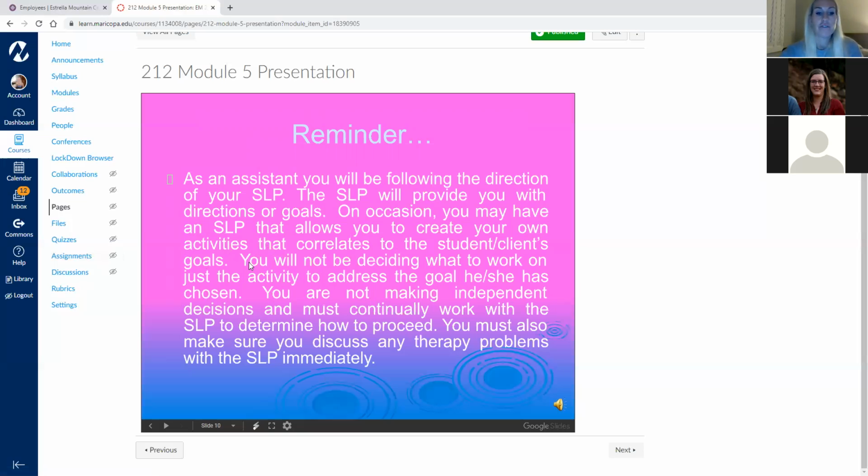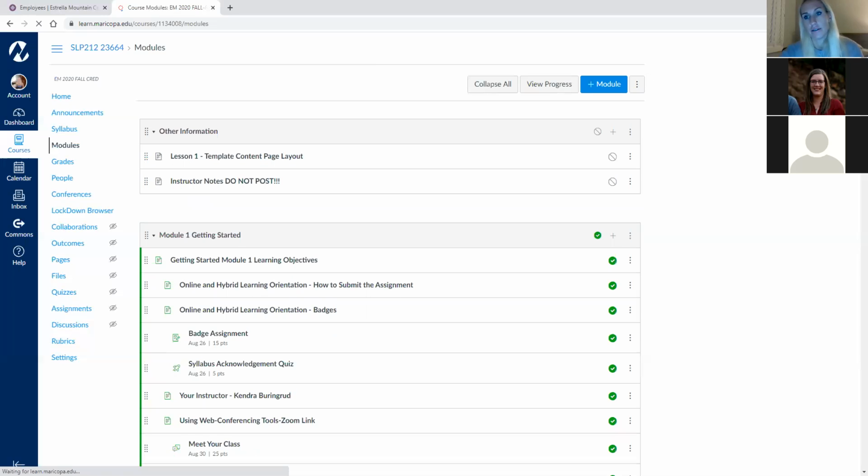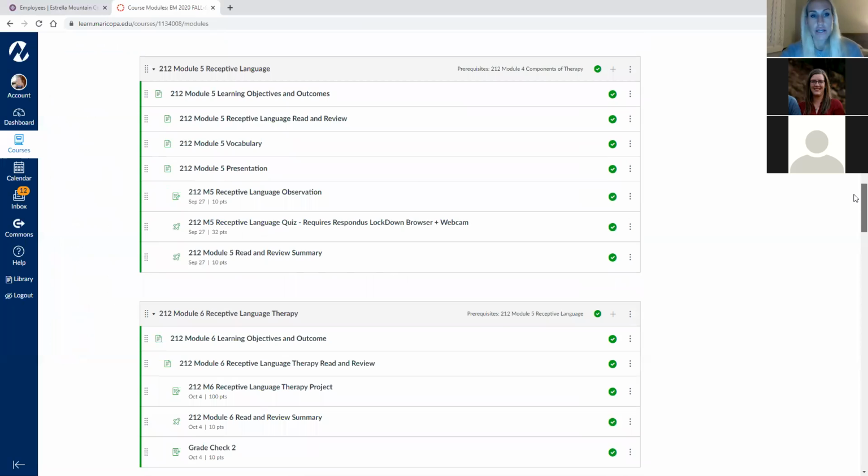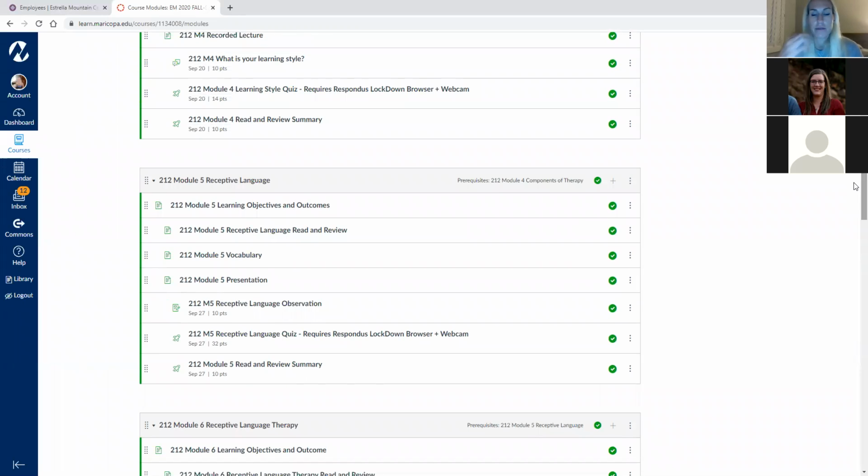So those are very, very important when we're looking at progress for a client. And please know that a lot of times you sometimes have to question, wait, what am I targeting? Because it gets difficult when they also have expressive language difficulties.